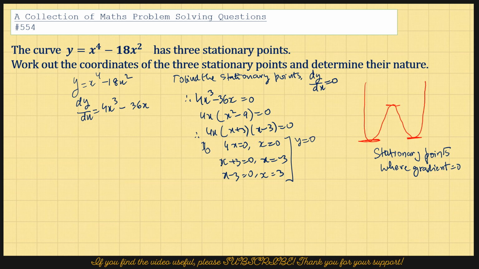That is if we put in x equals 0 in the main equation.